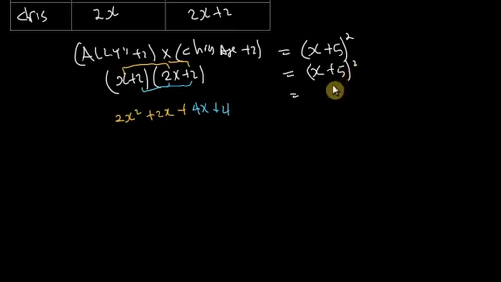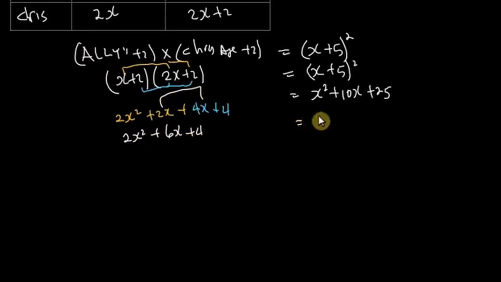I'm expecting that you know how to expand the square bracket. So it's going to be x squared plus 10x plus 25. Now let us simplify the left side. This would be 2x squared. And we could add these two, plus 6x plus 4 is equal to x squared plus 10x plus 25.